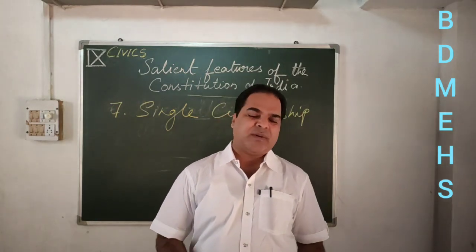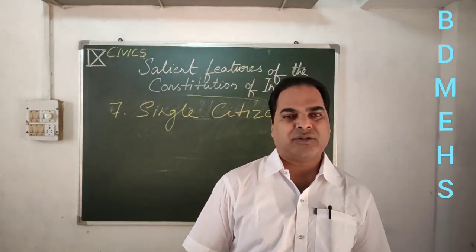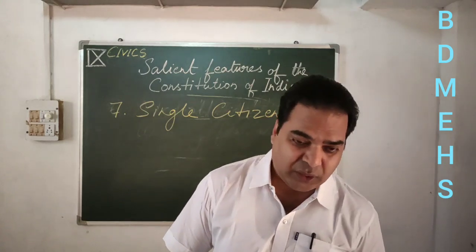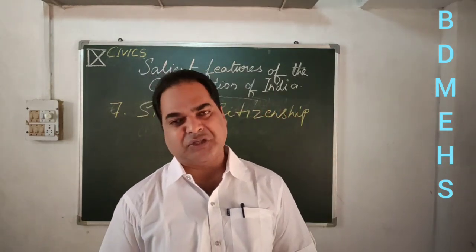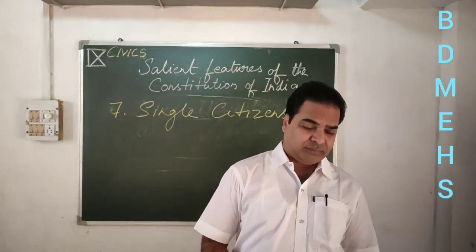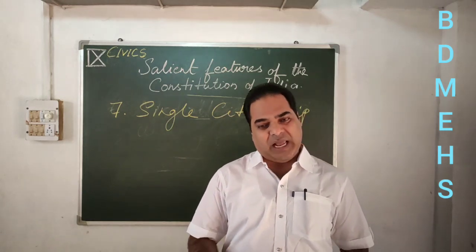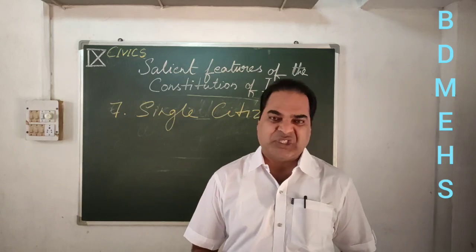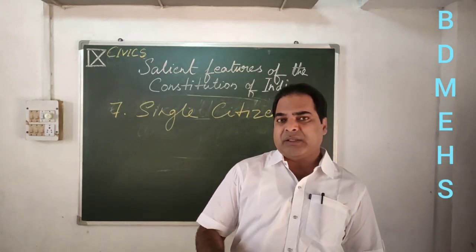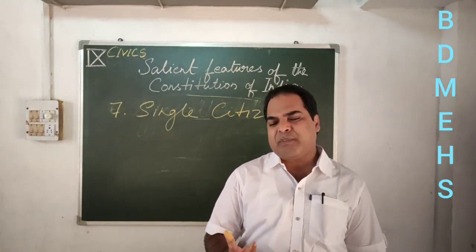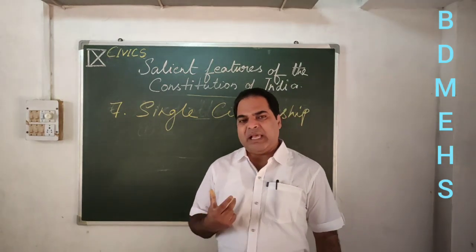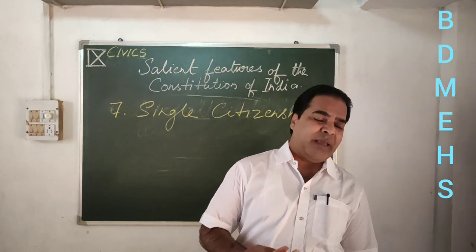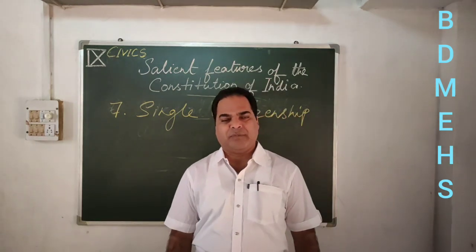In political terms, a country can be called a state also. We are the citizens of this country. So I am not a citizen of West Bengal, I am not a citizen of Bihar, I am not a citizen of Maharashtra. I am a citizen of India. Though I have a voter card of West Bengal, I am a citizen of India. Let me make it more clear why this is important, because in America, dual citizenship is followed.